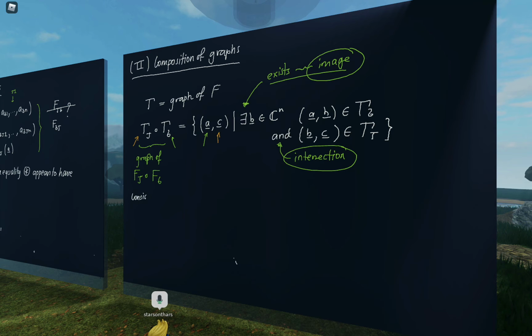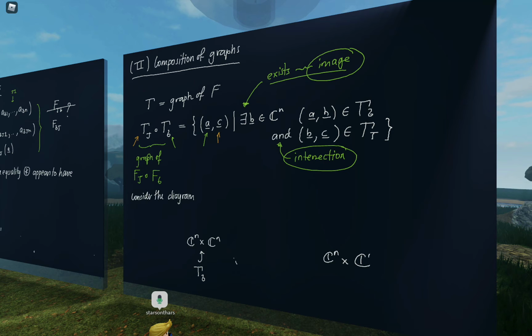Okay, so here's the diagram I want you to consider to think about this way of composing f tau with f sigma. I want you to think about the graph of f sigma sitting inside Cn cross Cn.